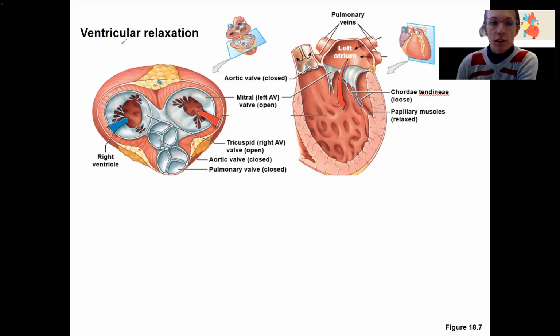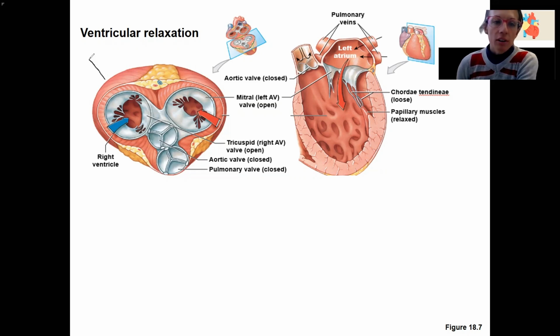So first, this is ventricular relaxation. So it's also called diastole. The ventricles are relaxed, not contracted. And during this time, what's happening is the left and right ventricles are filling because they're relaxed.